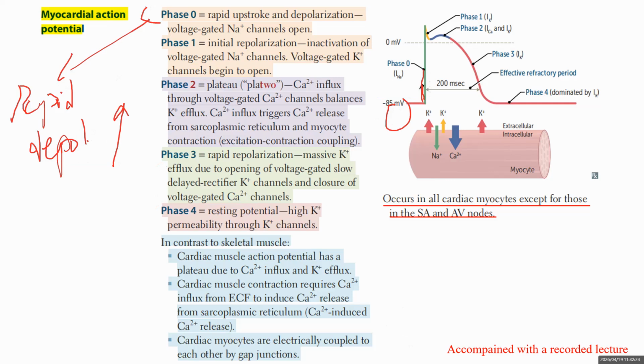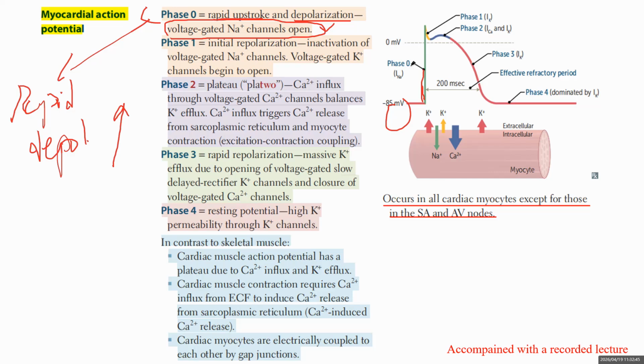The reason is that the fast voltage gated sodium channels open quickly, and that is why the rapid stroke and depolarization is seen from minus 85 to the positive. When the sodium channels open, sodium rushes into the cell.